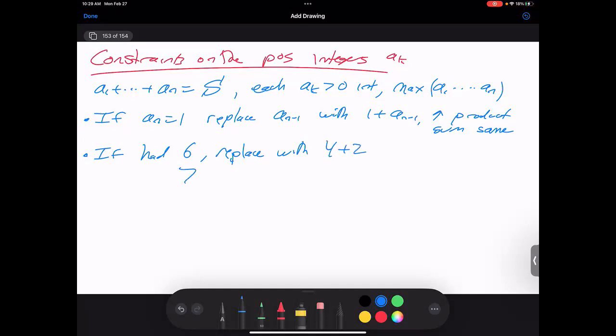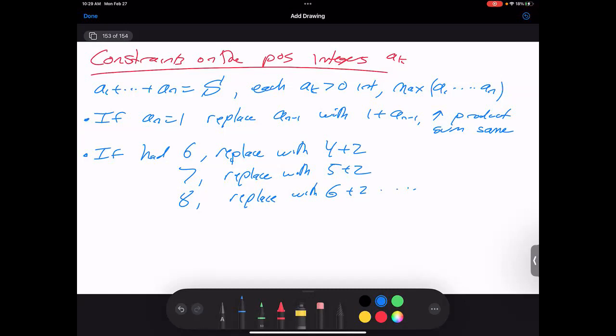And of course, if we had 7, we could replace it with 5 and 2. If we had 8, we could replace it with 6 and 2. So we clearly know we don't want any 6s.